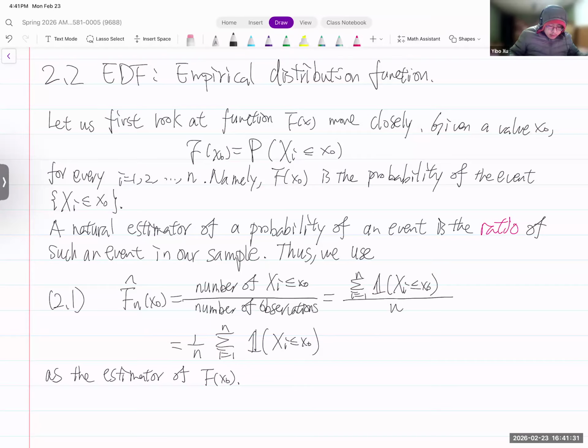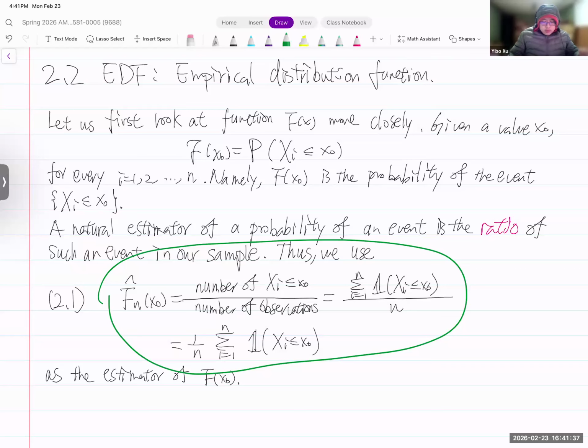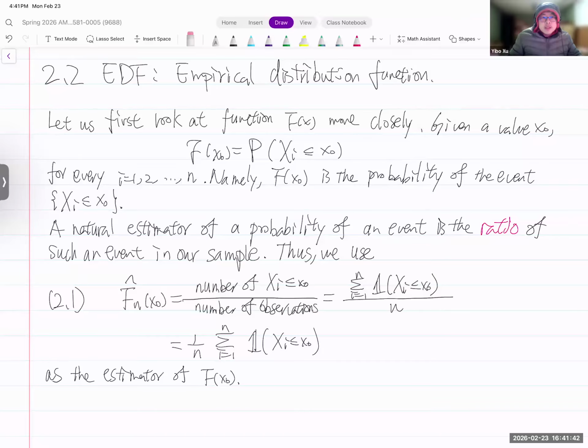Now for every x0 we use this kind of ratio to estimate. Of course there will be infinitely many x0, but relying on data, you will be able to construct this kind of approximation. That's the estimator.